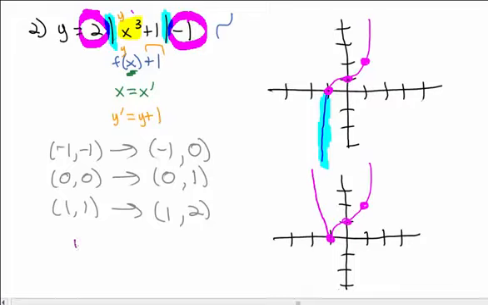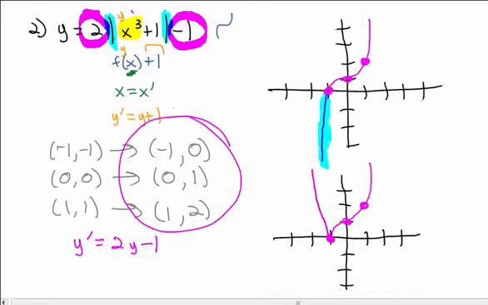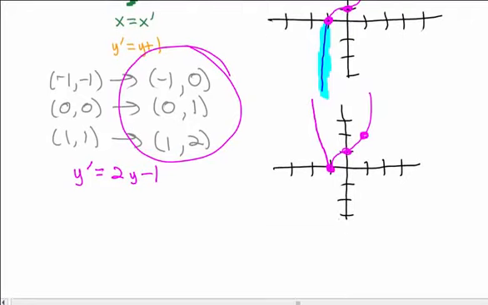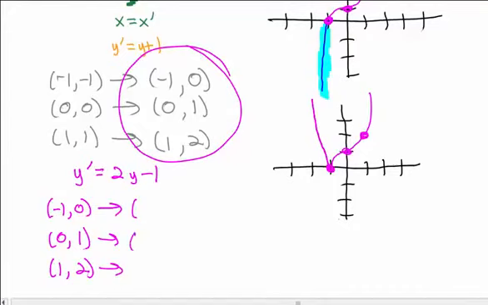It's going to be moving us up and down and stretching us. Essentially what we have is a new y rule. Y prime is equal to 2y minus 1. So we're going to take the points that we had before and apply this new y rule. So the points were negative 1, 0, 0, 1, and 1, 2, and now these points are going to shift again.